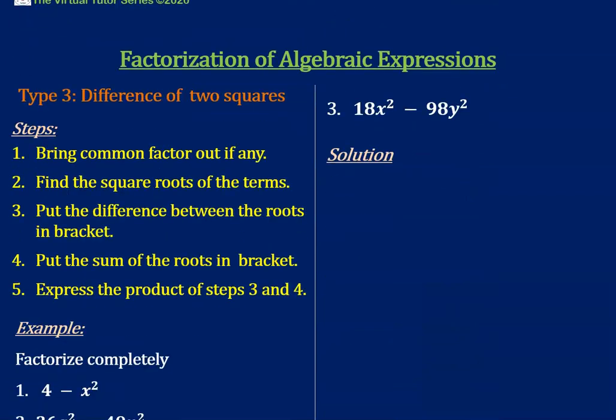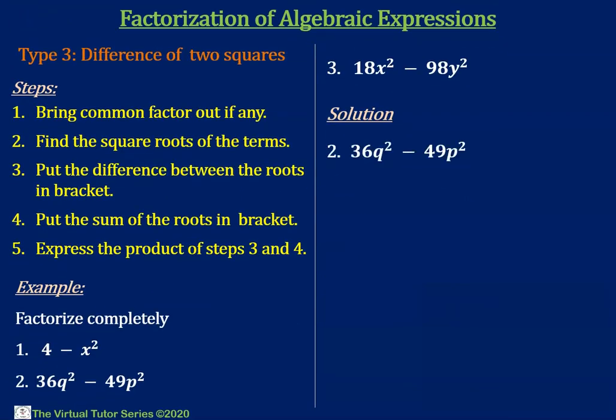Example 2. 36q squared minus 49p squared. Again, we skip the first step since there is no common factor. The square root of 36 is 6, and the square root of 49 is 7.